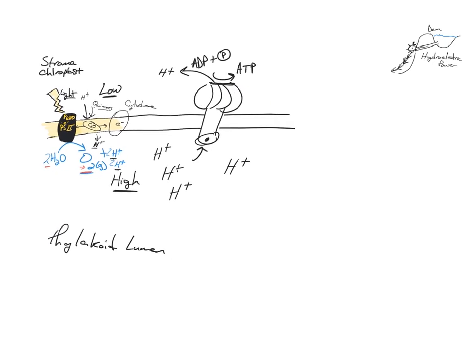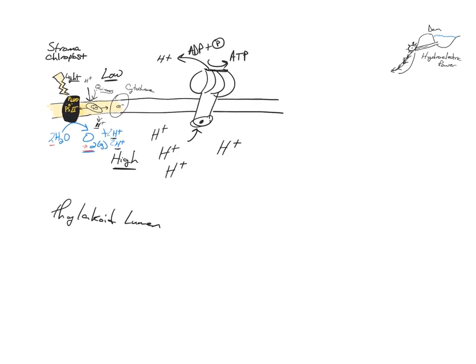We're putting them together. So I think it's a really excellent opportunity to use what you have learned. You have this light reaction. I don't care that you know that this is P680. I need you to know that this is photosystem II though, that the electrons are being carried across. That's important. The hydrogen ions are being pulled into this side to make a high and a low, to make a concentration gradient.